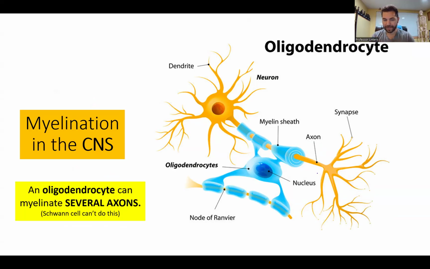They can myelinate several axons. You can see that oligo here. He's reaching out. He's throwing a little bit of myelin there, a little bit of myelin there. Oh, this is a different guy. He's throwing a little bit of myelin there. So they're very condensed. Obviously, the CNS is going to have a lot of neurons in there. So it kind of suits his purpose perfectly that he can myelinate multiple axons.